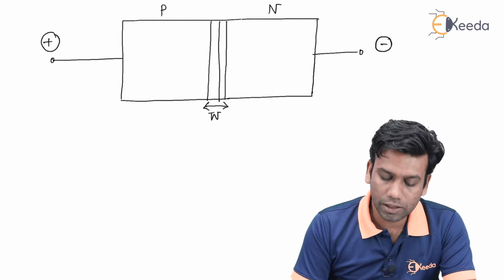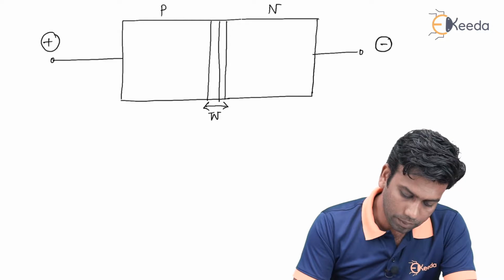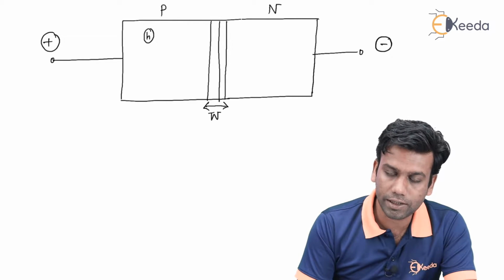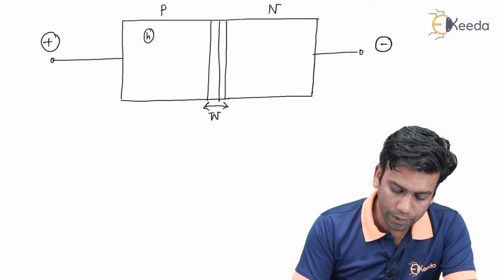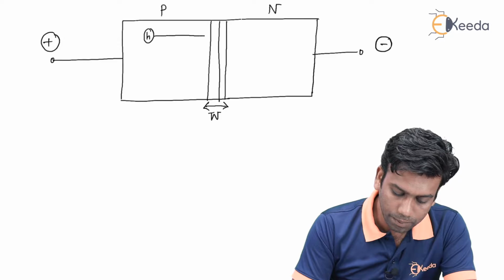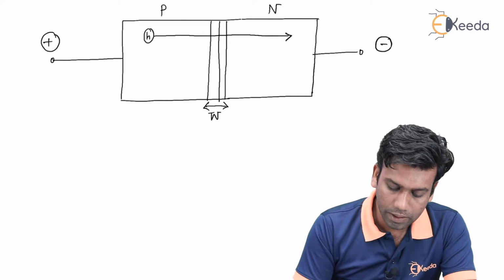Due to the application of the forward bias, the holes of the P side will be attracted towards the negative polarity. That is why they will flow from the P side to the N side.